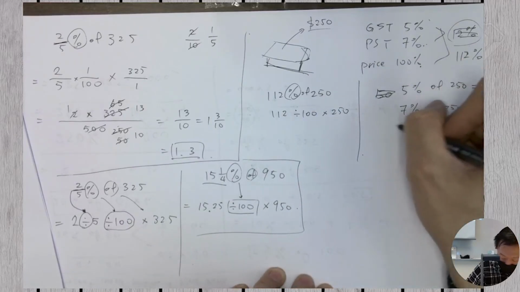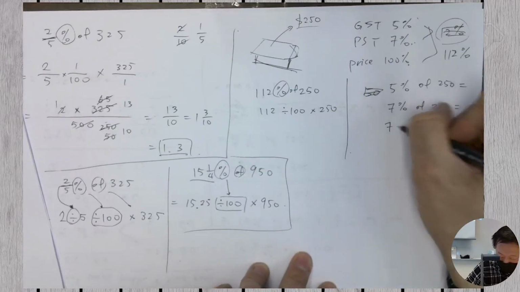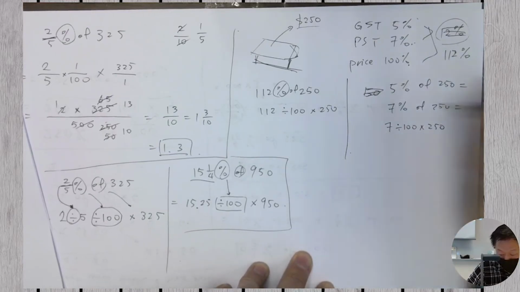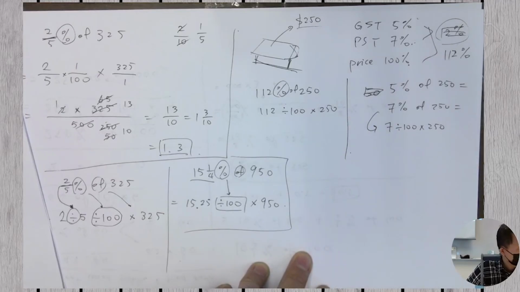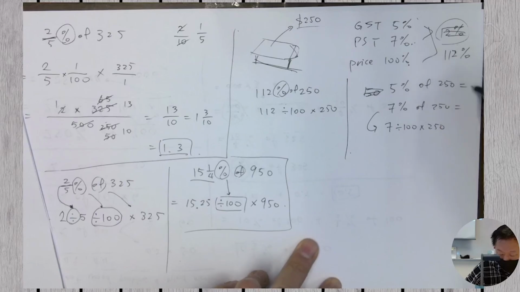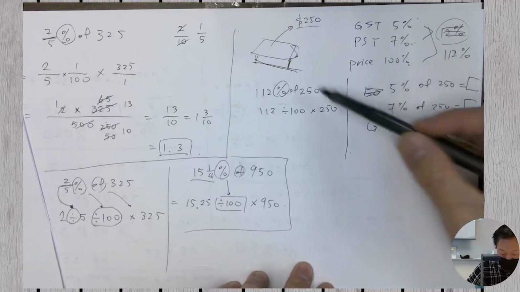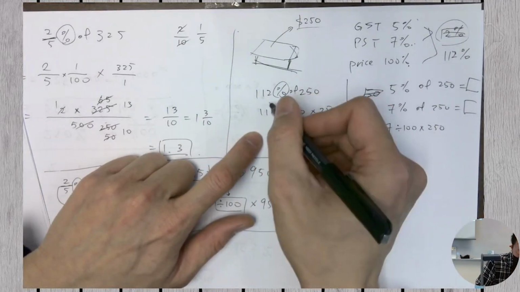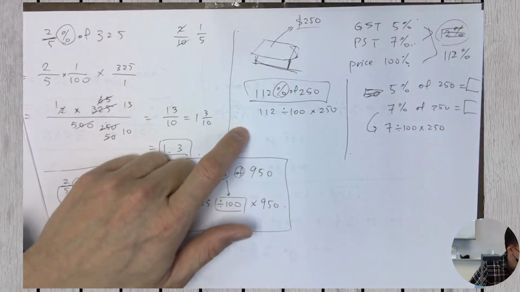In this case, 7% would translate to 7 divided by 100 times 250. That's what you would do in the calculator. So you can figure them out individually, and then add the numbers together. Don't forget the 250 itself, though. Or you can combine the percentages and do it in one shot. Boom, that's how much you need to pay.